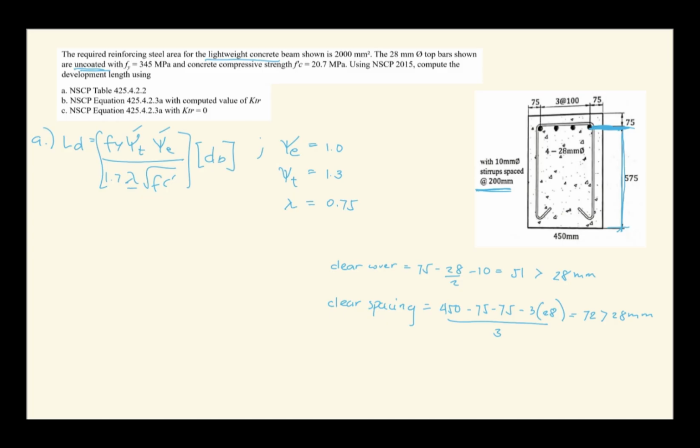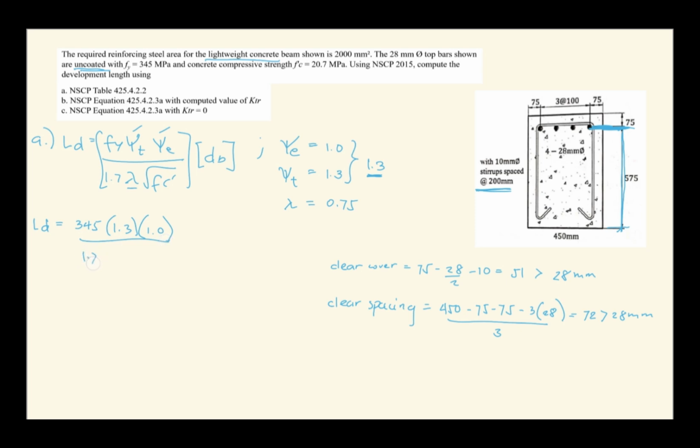Then the development length is equal to 345 as the yield strength multiplied by 1.3 by 1. Also, the product of this is 1.3, which is not greater than 1.7. So this is okay.